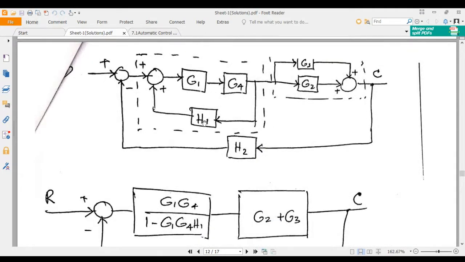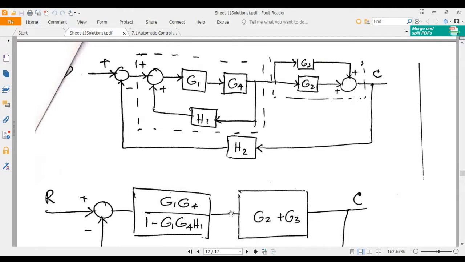Right. So this is question number 2 for block diagram reduction. There are two forward path gains in parallel, and they are merging at the summing point. So when the two forward path gains are in parallel, we'll be adding the two forward path gains.